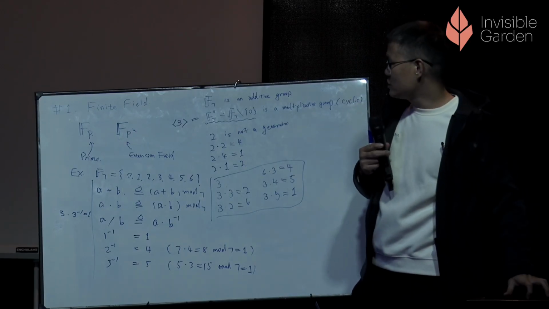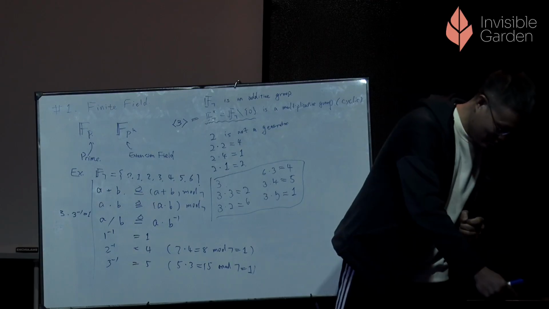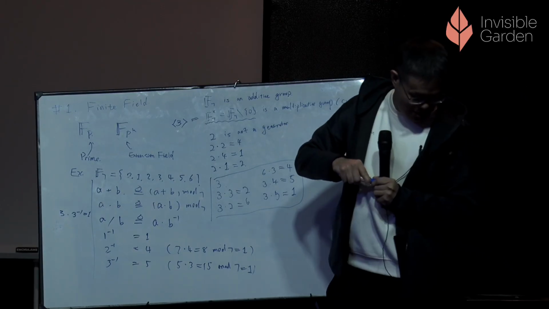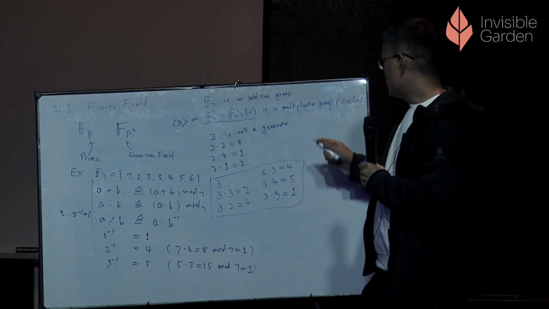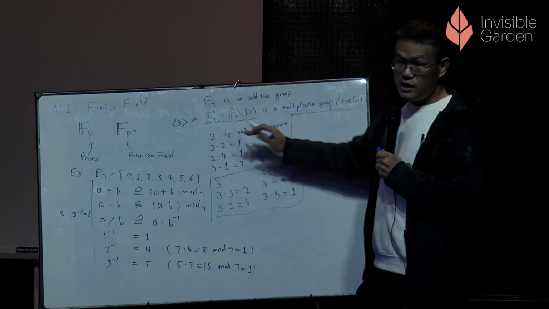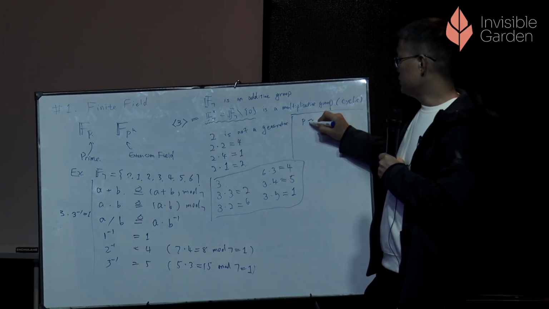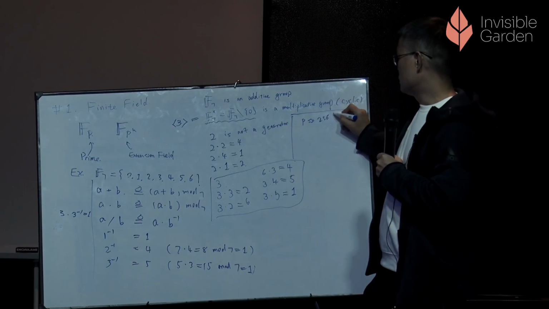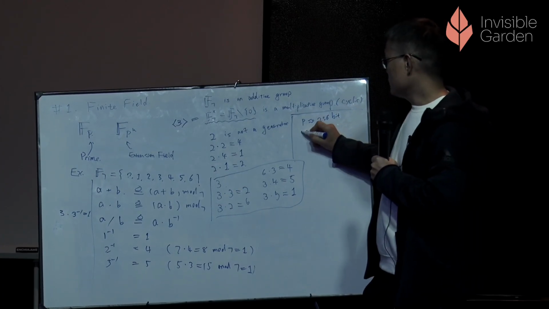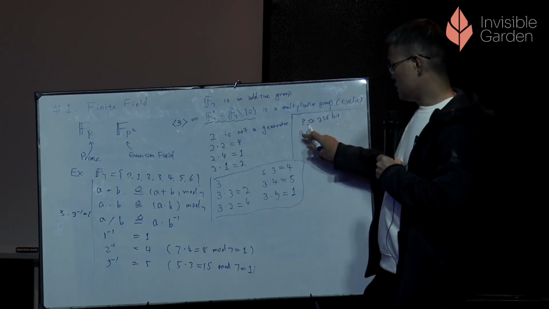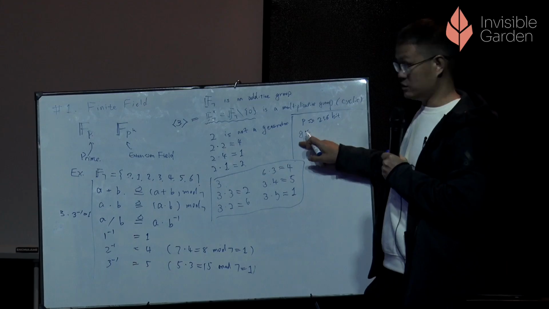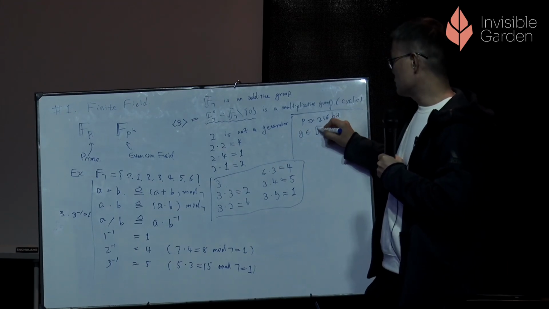But right now, if the P is very large, for example, a P like 256 bits long, then we find any generator from FP.